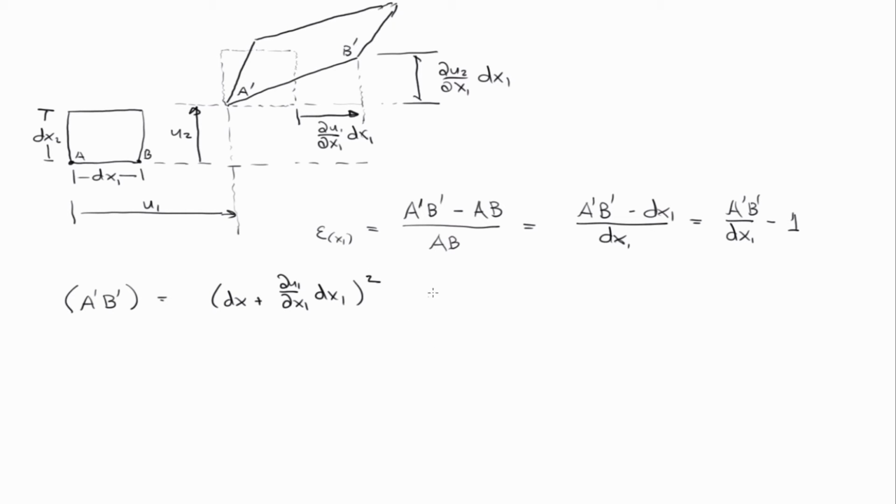We square that, and then in the x2 direction, we have du2/dx1 dx1, and we square that, right? And then we take the square root of this whole thing, okay? But I don't like square roots, so I'm going to square both sides of the equation. When I square both sides, I can get rid of this square root sign.